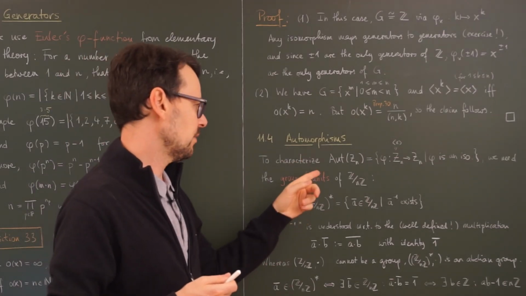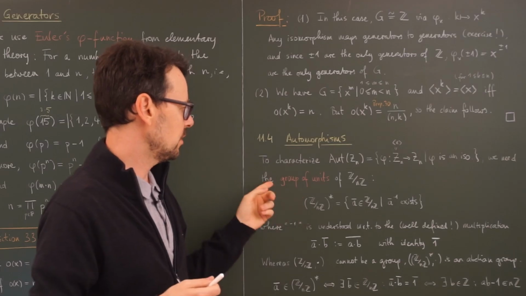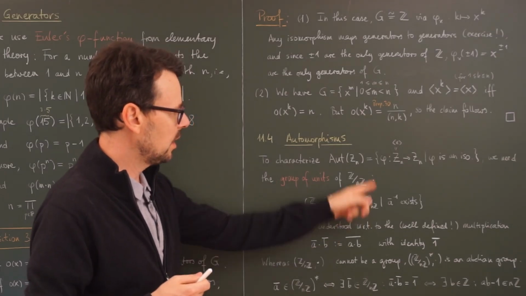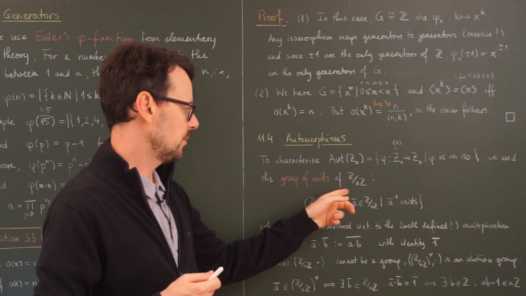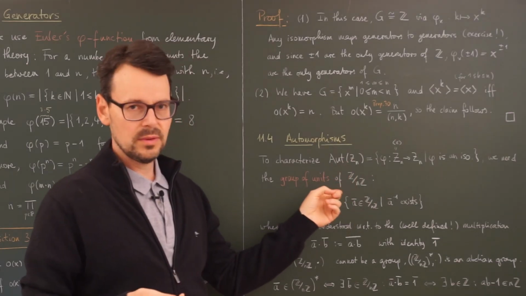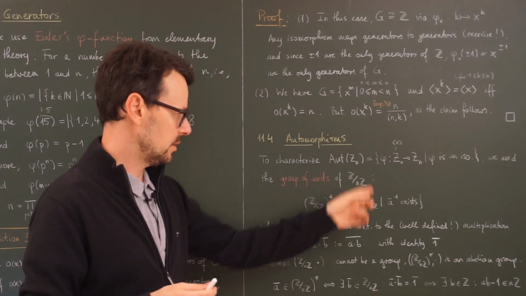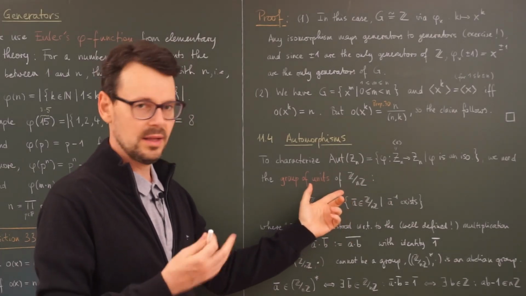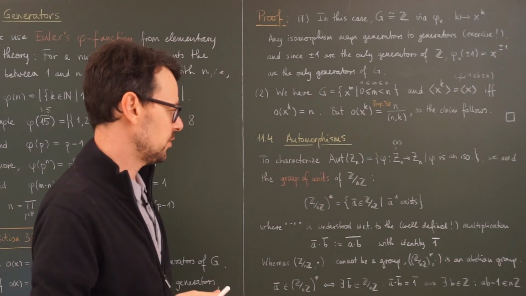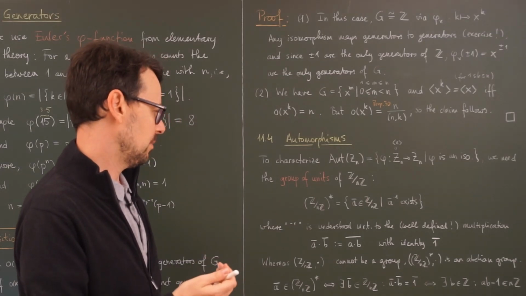And to characterize this, we will need the so-called group of units of this group here. This is, if you know the term, actually a ring. We can also multiply these residue classes, not only add them, which gives me the group structure, but I can multiply them.